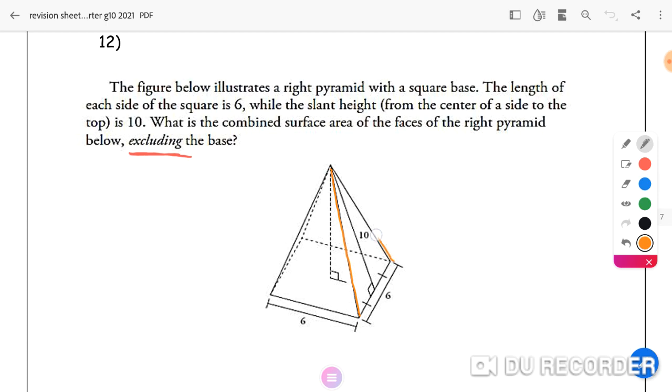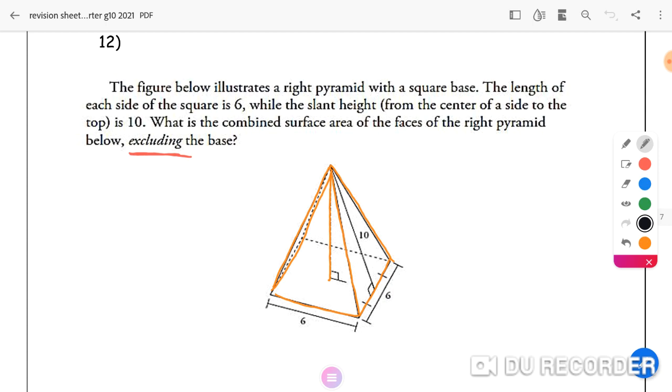So if we can just cut these faces and unfold them. Okay, this is a face and this is the second face. Okay, that one.